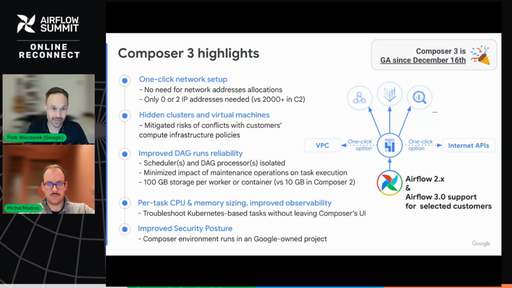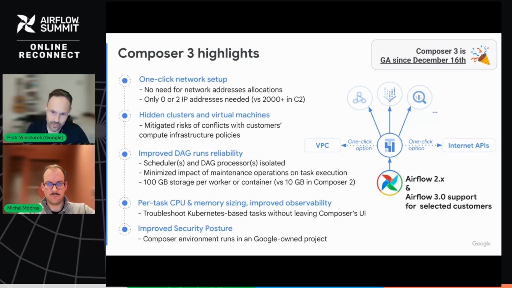We have also significantly minimized the impact of maintenance operations to your environment. In Cloud Composer 2, the impact was possible when the task was running for more than an hour. In Composer 3, it is guaranteed that tasks running less than 24 hours will not be interrupted.